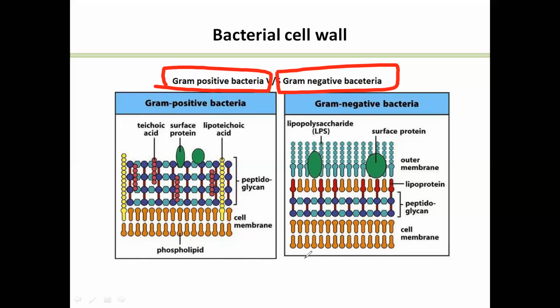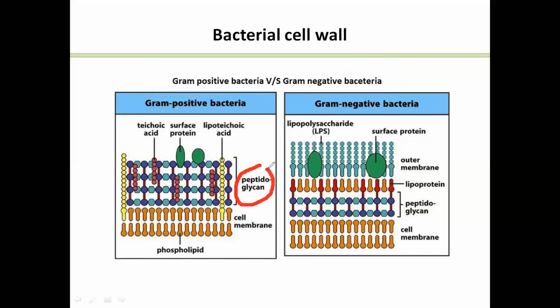Talking about the gram positive bacteria, the cell wall is made up of peptidoglycan, and there is nothing outside this peptidoglycan. This peptidoglycan is very thick in case of gram positive bacteria.